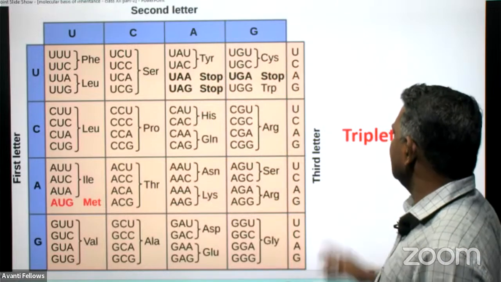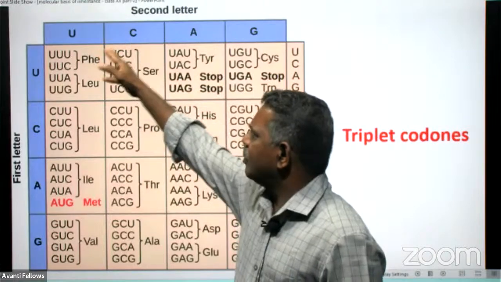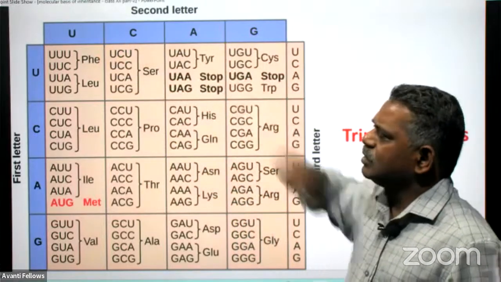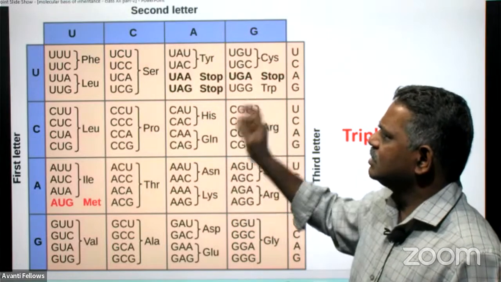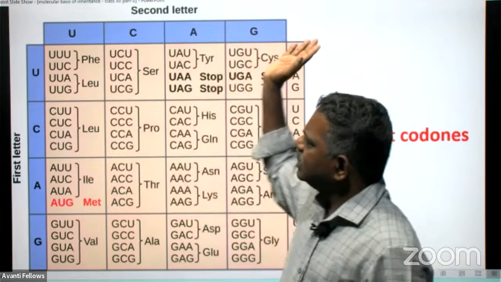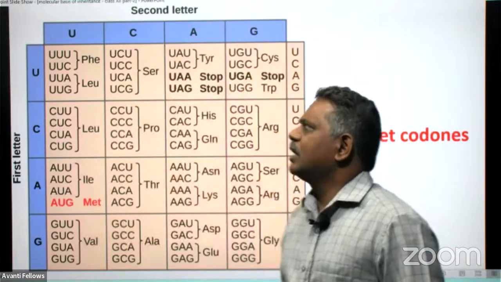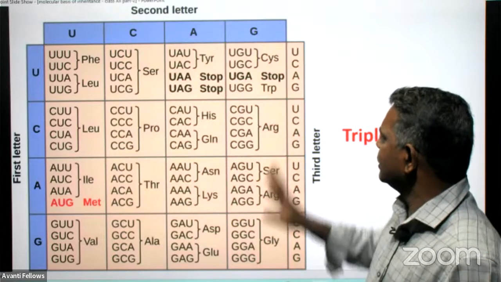So this is the triplet codon, and we have only four nitrogenous bases in RNA: uracil, cytosine, adenine, and guanine. With these, three nitrogenous bases make the triplet codon, so three letters are taken.